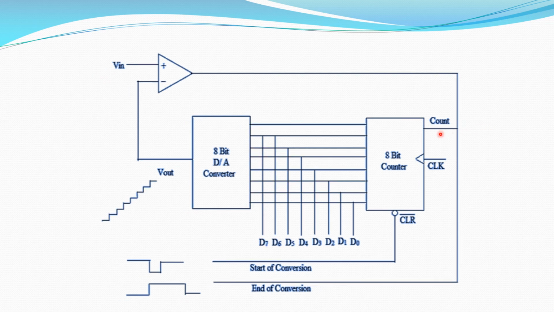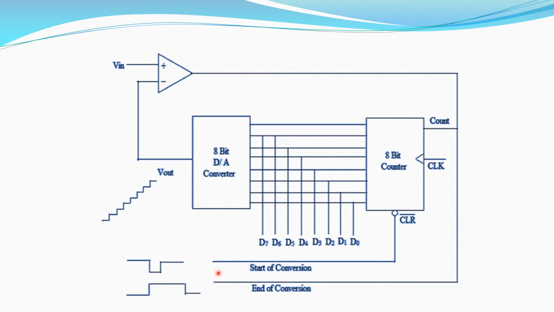The negative edge of the count signal is used as an end of conversion signal. This tells other circuits that the analog to digital conversion is finished. If the analog input V in is changed, the external circuit must send another start pulse to start the conversion.